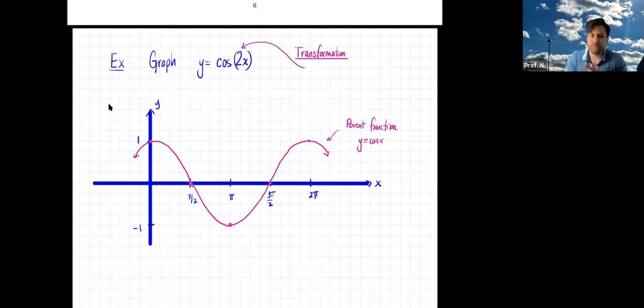It's not a vertical stretch, because the vertical stretch occurs when the number is in front of the function, right? Like we saw in the previous example. You can't add numbers, because when you add numbers, that just shifts it up or down. So what happens when you multiply by 2 the x of a function? What kind of transformation is produced?